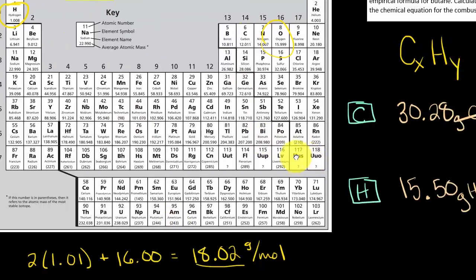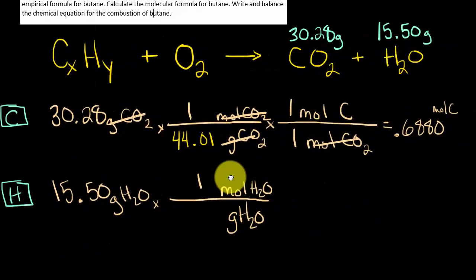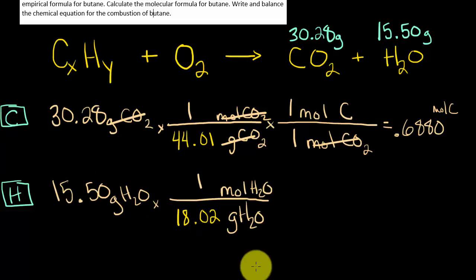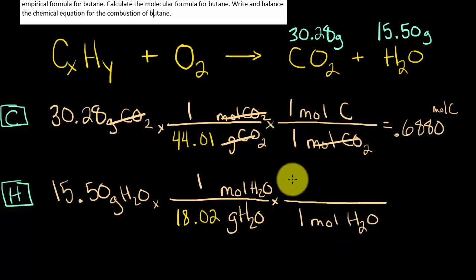So we're going to come back over here to our problem, and we'll be able to put in 18.02 grams per, right here, 1 mole. Okay, now, almost done. Last step is we need to convert from moles of water, 1 mole of water, to moles of hydrogen. Now, in this case, how many hydrogens are there per water?